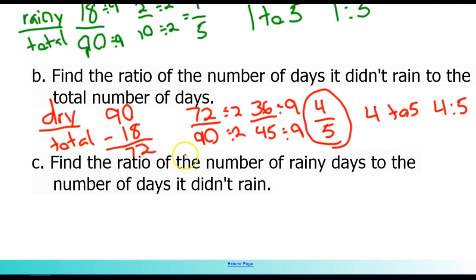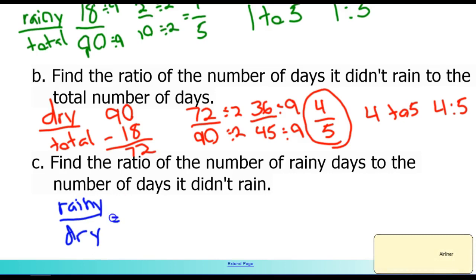Now, we need to find the ratio of the number of rainy days to the number of days it didn't rain. So we'll have rainy on top over dry. We said that it rained for 18 days, and up here we said that it was dry for 72. So we're using numbers we've already used.